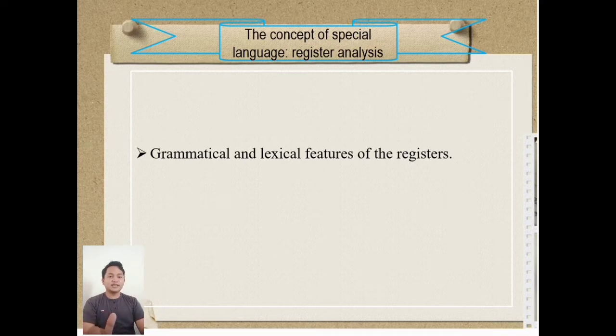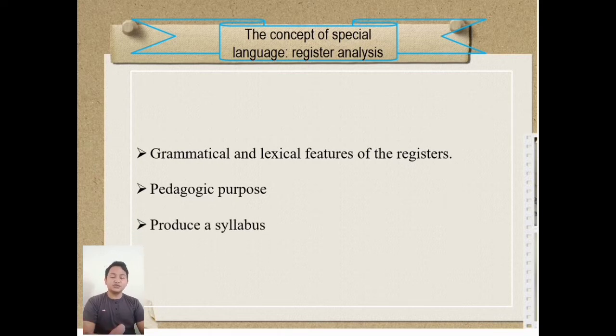The second one is the pedagogical purposes. In register analysis, we have to analyze what students need, because this is the pedagogical purpose in this material. And then the third one is to produce a syllabus.